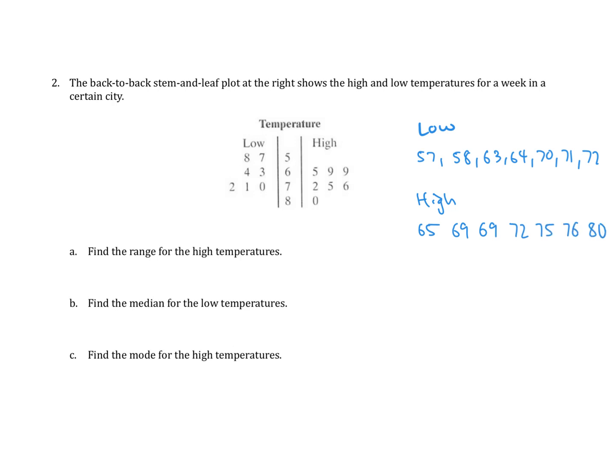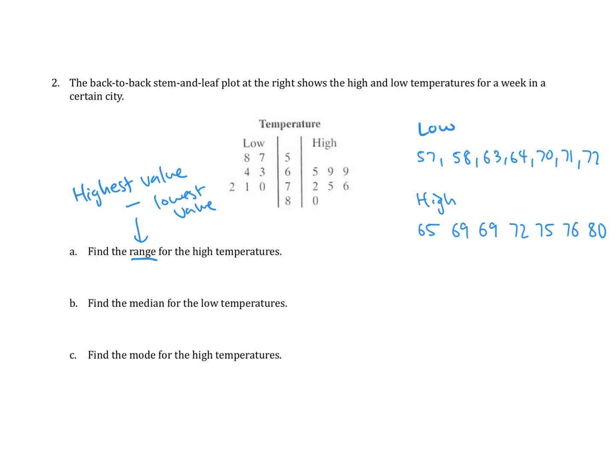Find the range for the high temperatures. The range is the highest value minus the lowest value. So another way to think of that is the maximum minus the minimum.